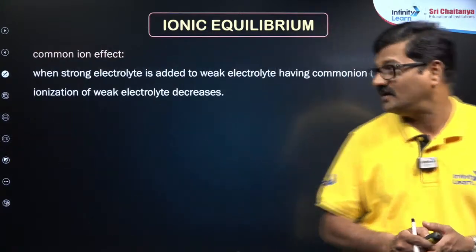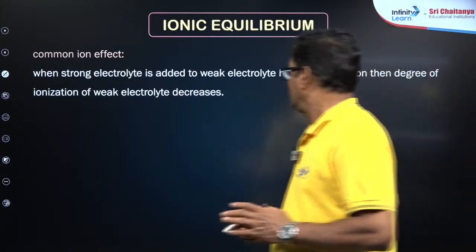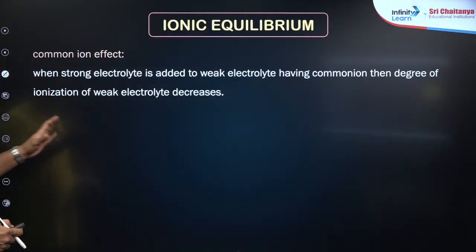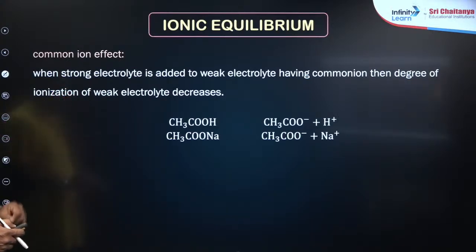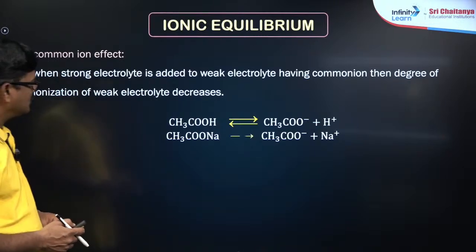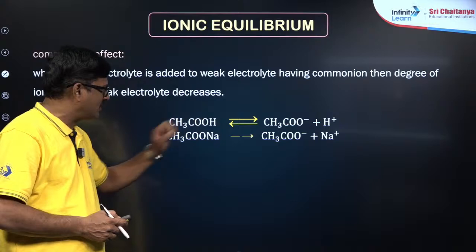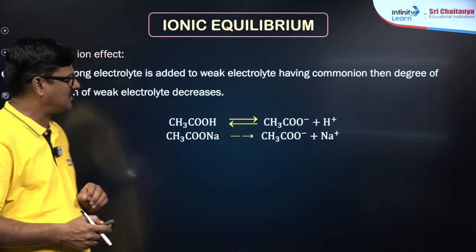Okay, so moving ahead, common ion effect. When a strong electrolyte is added to a weak electrolyte having a common ion, then the degree of ionization of the weak electrolyte decreases. This effect is known as common ion effect. CH3COOH is ionized feebly into acetate ion and H plus.